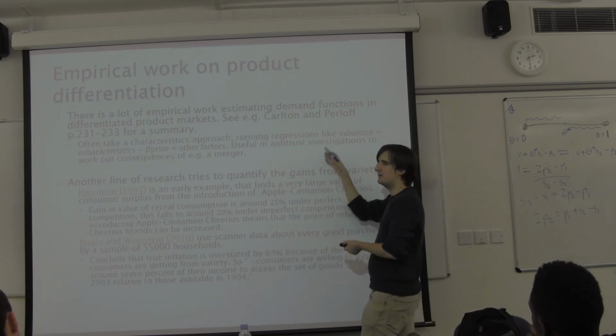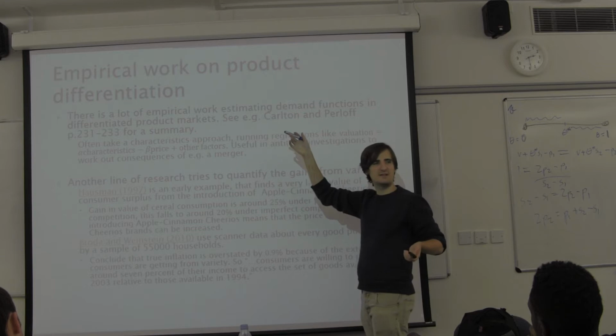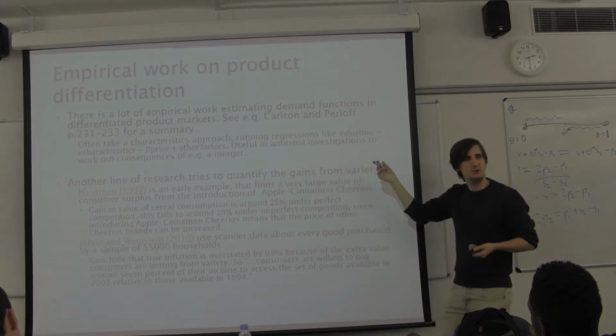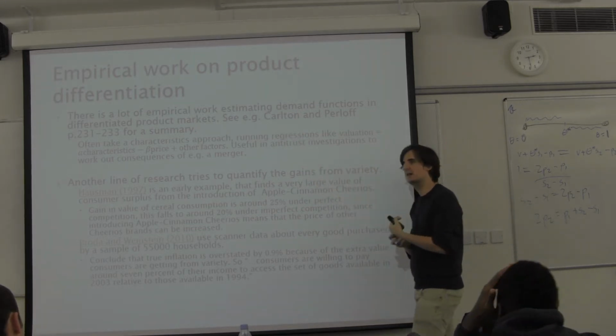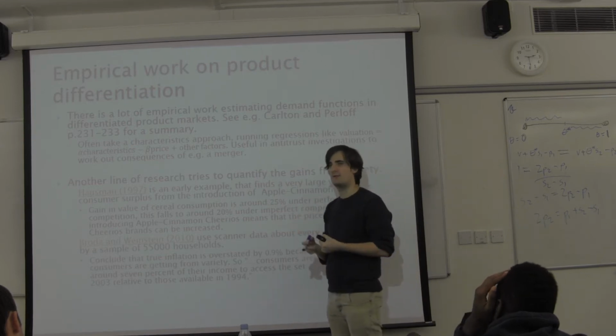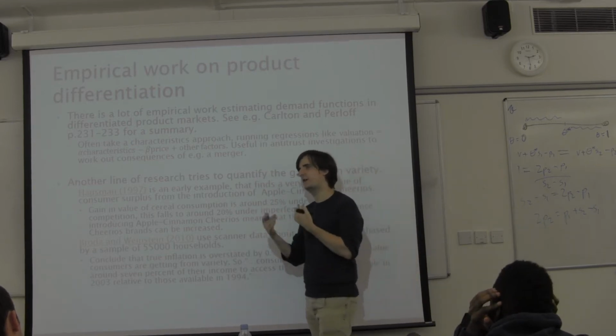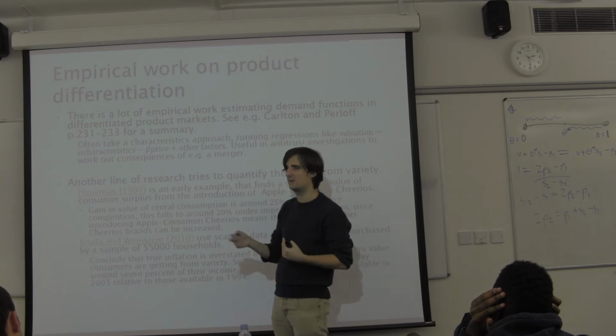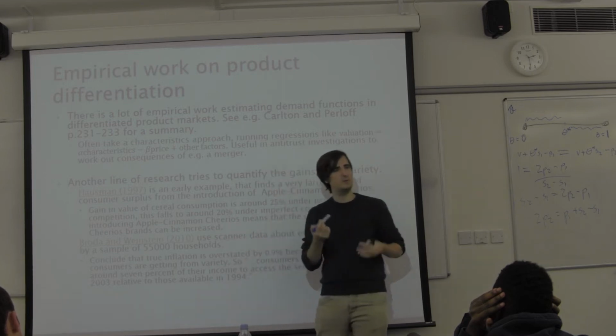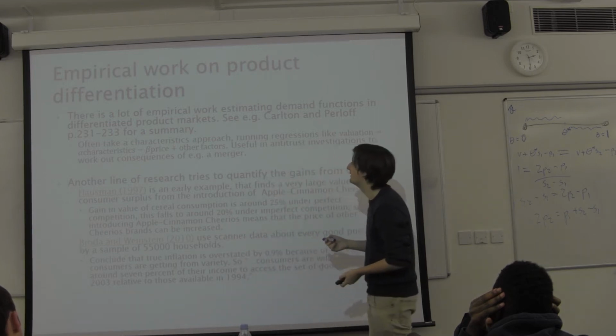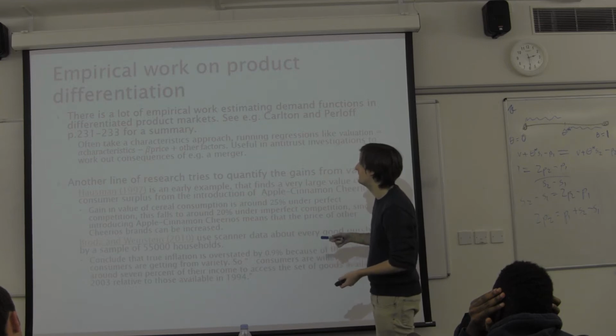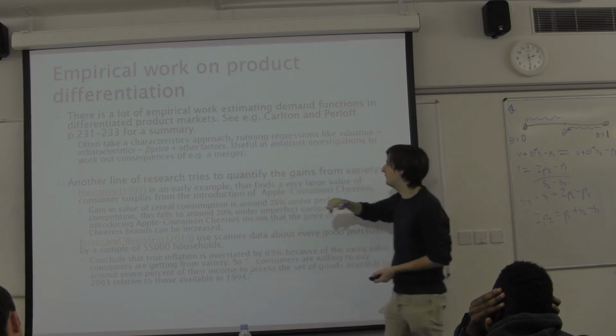It seems pretty crude and simple, but it's used even in antitrust cases to work out what the consequences of a merger would be. Whether the combined firms would end up getting prices that were too high, or whether consumer services would go up or down after a merger.